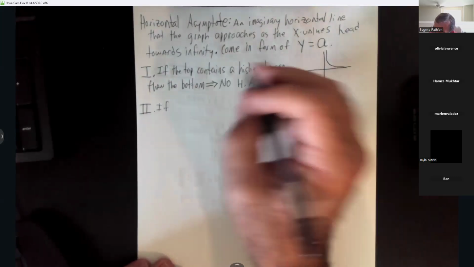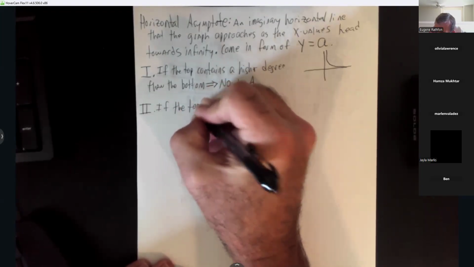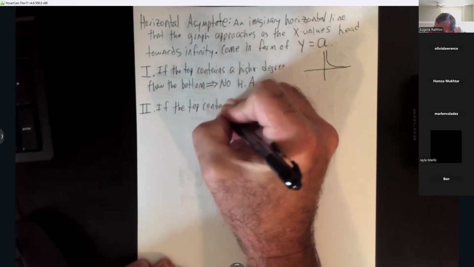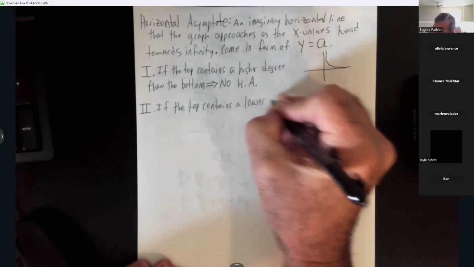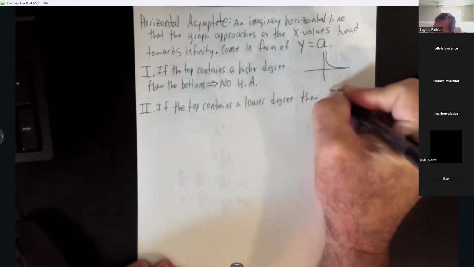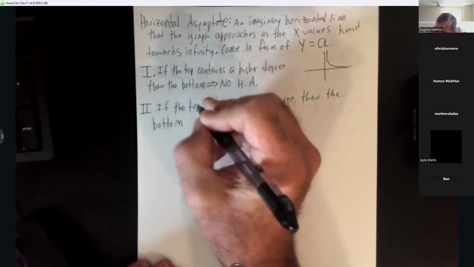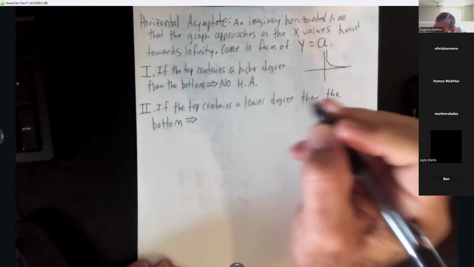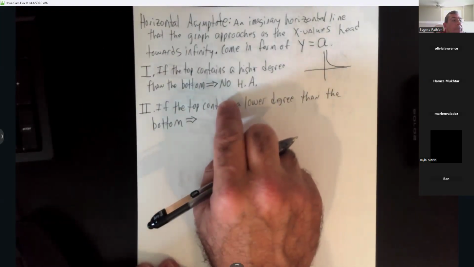If the top contains a lower degree than the bottom, then the bottom exponent is bigger than the top.